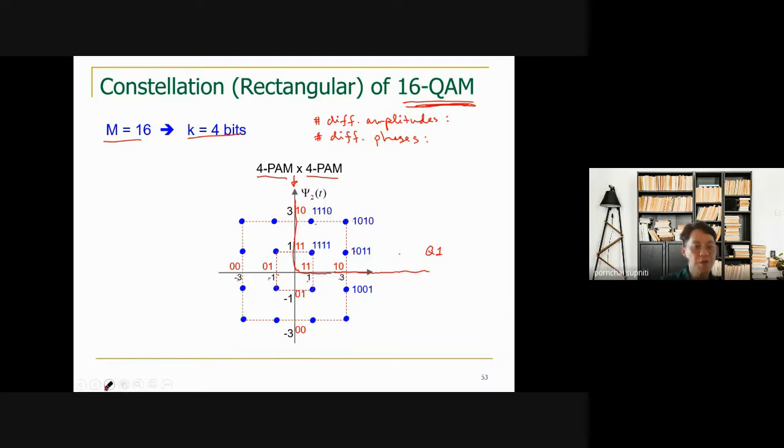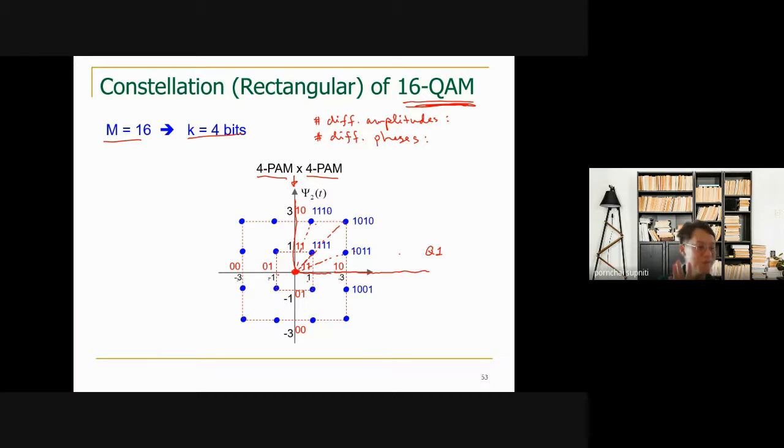You measure how far it is from the center. So you measure how far it is from here, from here, from here, or from here. The maximum can only be 4 amplitudes, right?